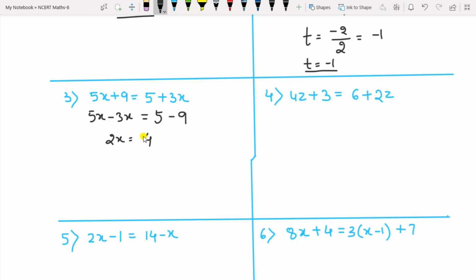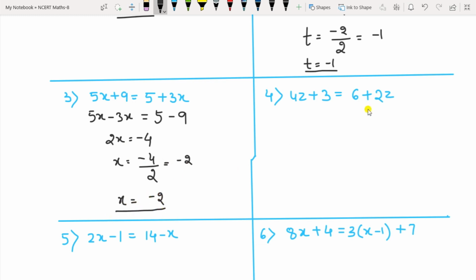So x will be equal to minus 4 by 2. Since 2 is in multiplication form, it will be divided on the other side and you get x equal to minus 2. So this is the value of x in this equation.